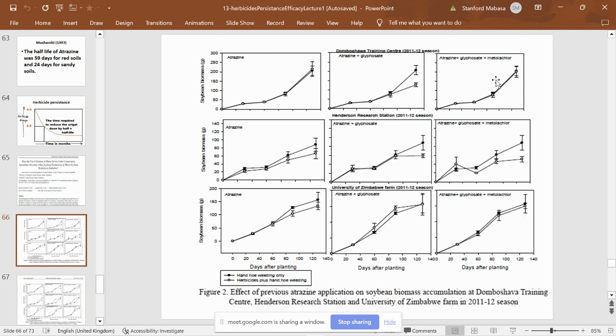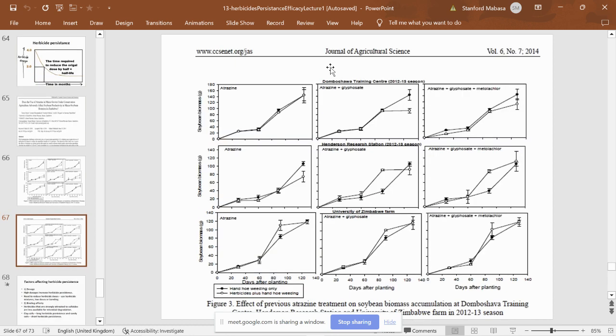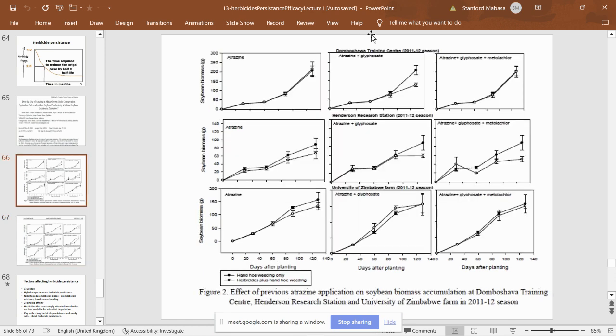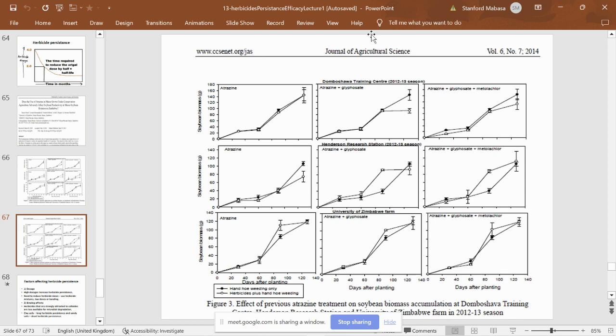But in most cases, the atrazine residues did not appear to suppress soybean. He did this at 2 sites, I think Henderson and the university site. Henderson red sandy soils, and no, it was Domboshava sandy soils, and the university farm red soils.